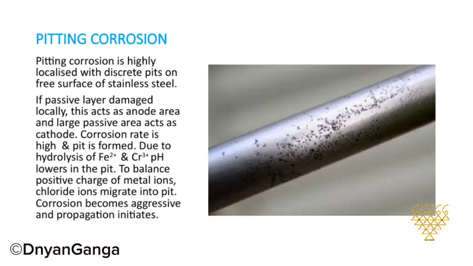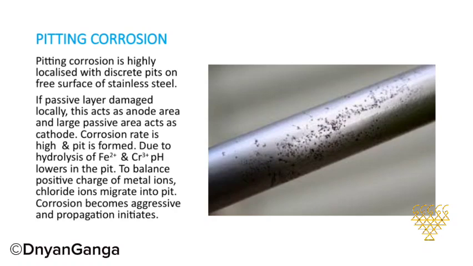Specifically, the hydrolysis of metal ions like Fe2+ and Cr3+ causes the pH to drop, making the environment more acidic. To balance out the positive charge of these metal ions, chloride ions from the surrounding environment migrate into the pit. This influx of chloride ions makes the corrosion process even more aggressive, allowing the pit to propagate further.